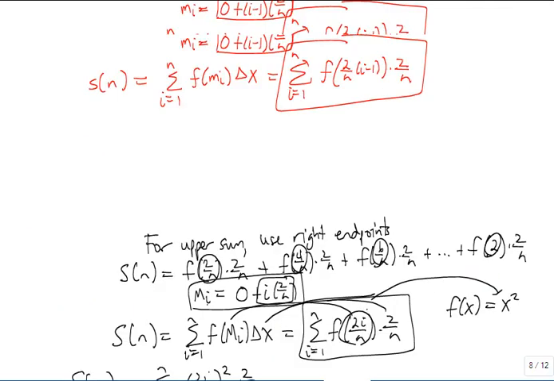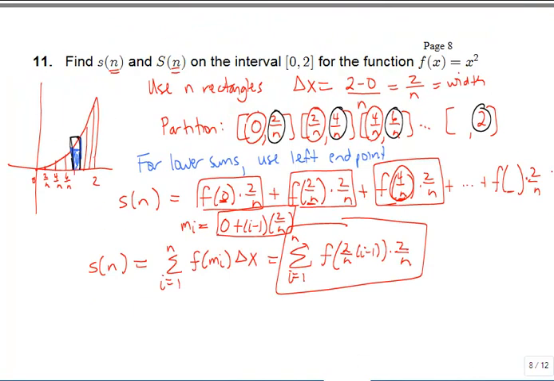Now what does that tell me? From our picture over here, what it tells me is that the lower sum and the upper sum are not going to give you the exact area. You can see from the picture that the upper sum is going to be an overestimate and the lower sum is going to be an underestimate.